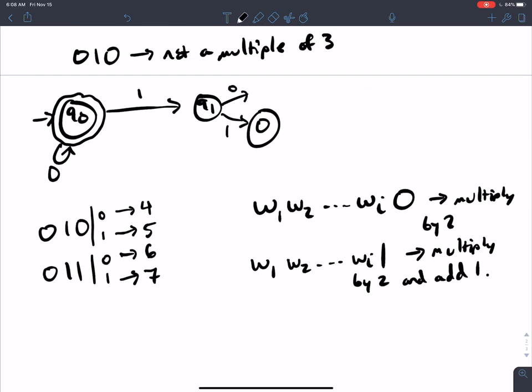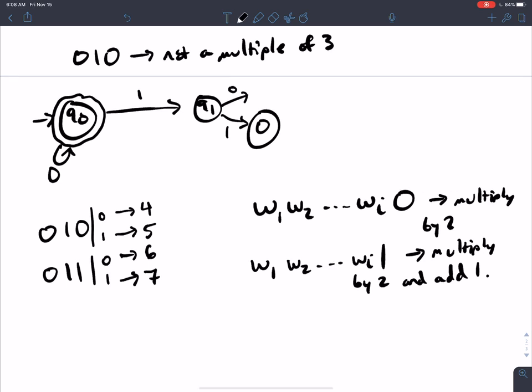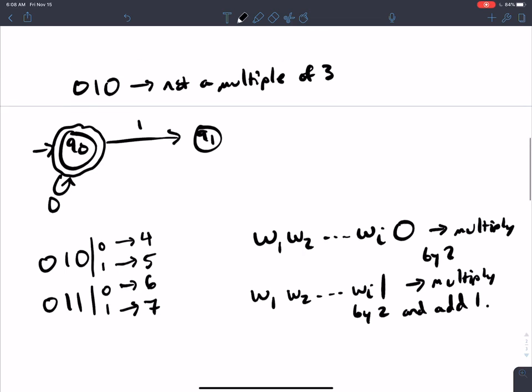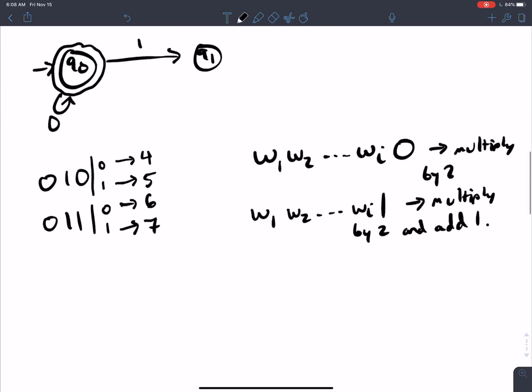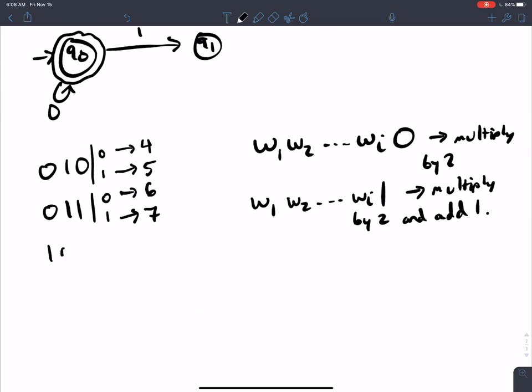So what are we going to do here? Well, let's think about this formulation of the problem. Instead of thinking about building states as we go, what are the possible things that could happen? Well, it either is a multiple or it isn't. But if we look at 1, 0, 0, 0, which is 8, we can see that 6 is a multiple of 3, but then 7 and 8 are not.